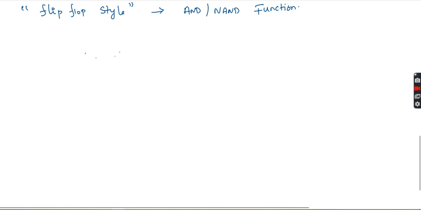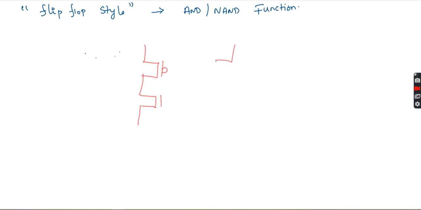Let me draw the cross-coupled inverter, one cross-coupled inverter. Okay, so two inverters.